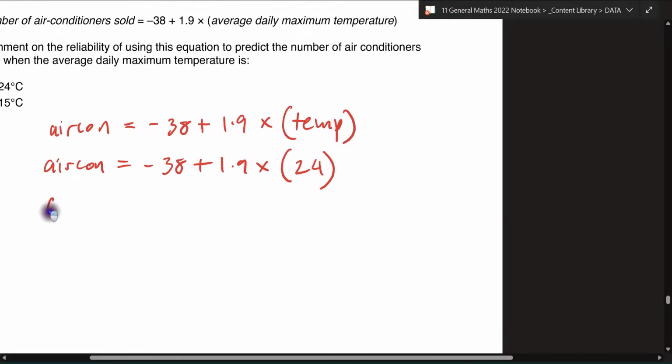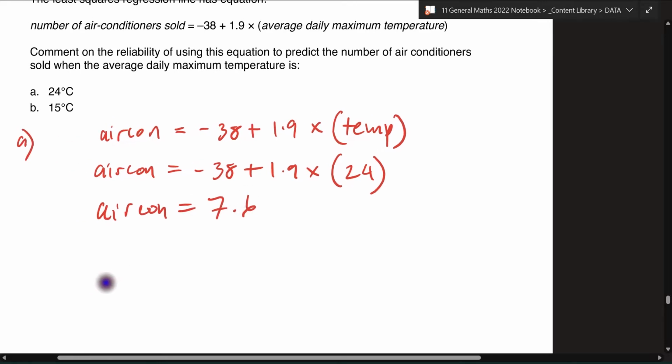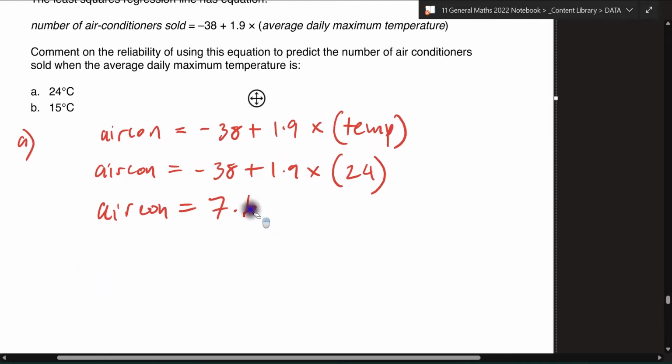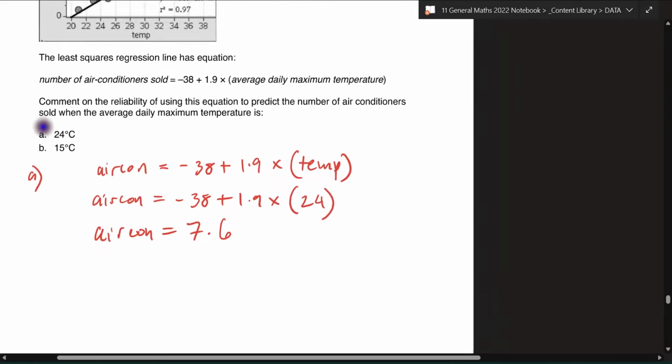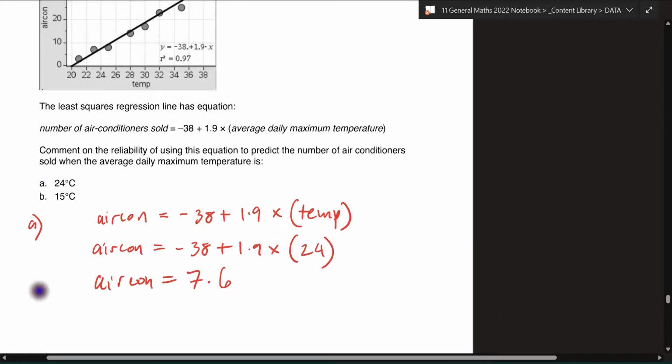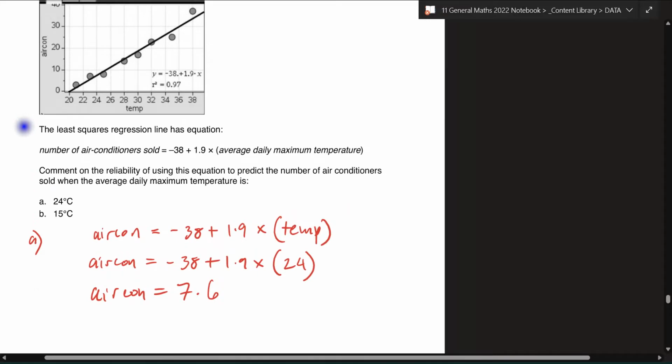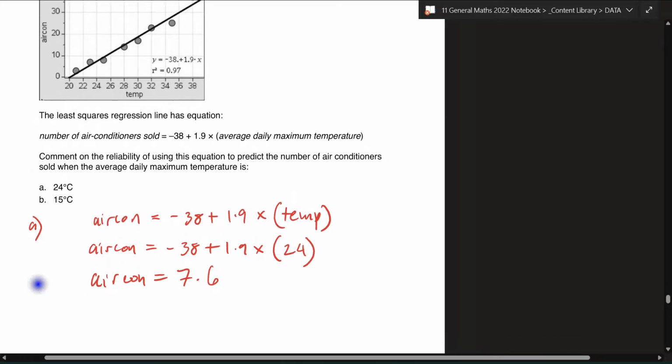So the aircon sales is 7.6. Okay, now have a think. If your temperature is 24, will you be selling 7.6 aircons?